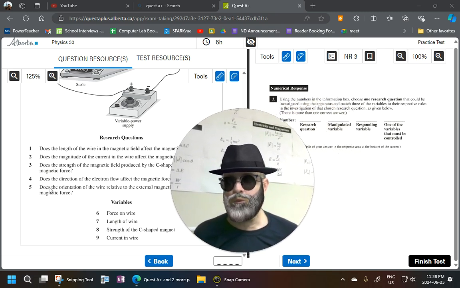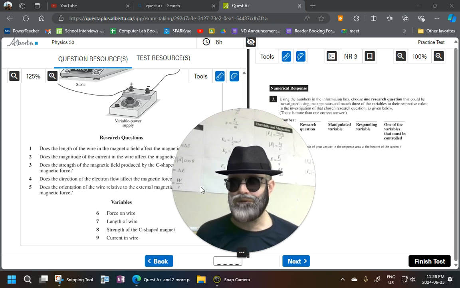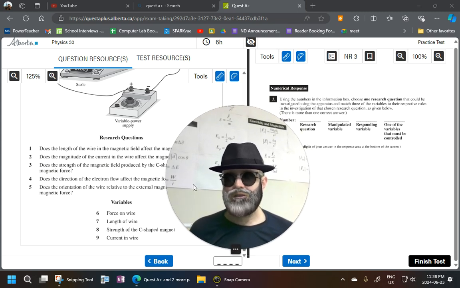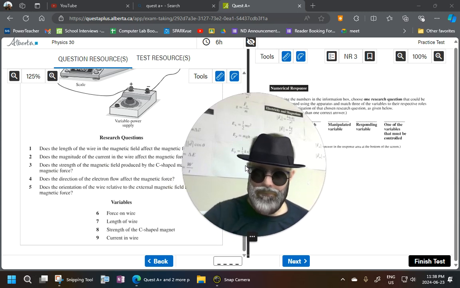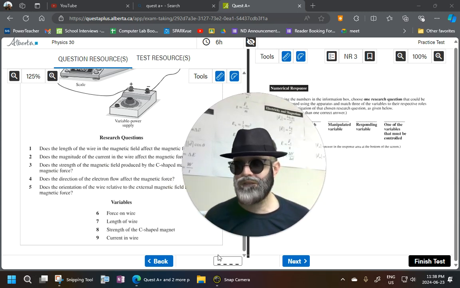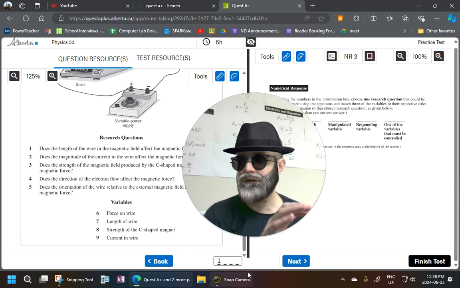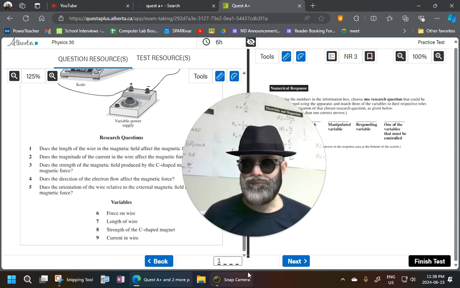So we choose one of these. And then which one would I manipulate? What's going to respond? And what must I control? And they've got some variables down here. Okay. So say I chose research question 1. Let's just do that. Like, just pick a research question and see if it works, right? Maybe one of these doesn't actually work.